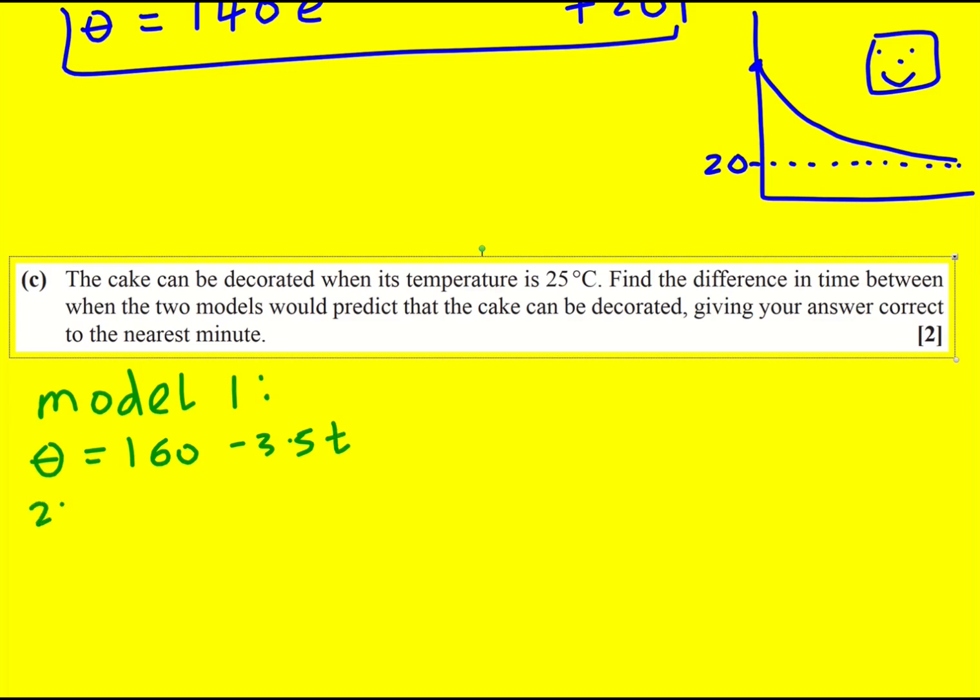So I can set theta equal to 25. And t, I can minus 160, that's going to be minus 135, and divide by minus 3.5. The double negative is going to leave me with this.